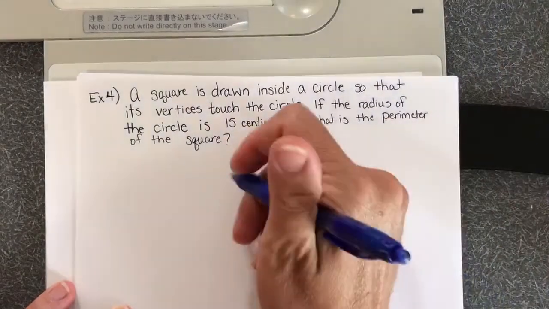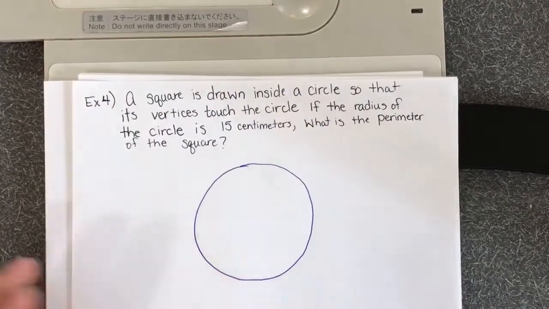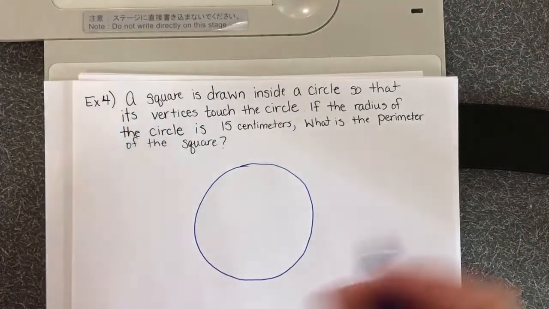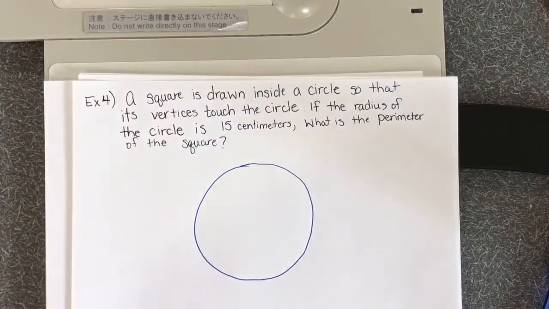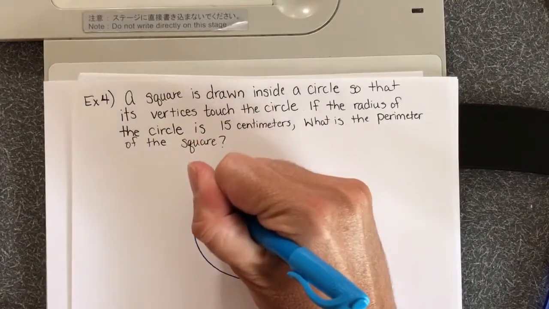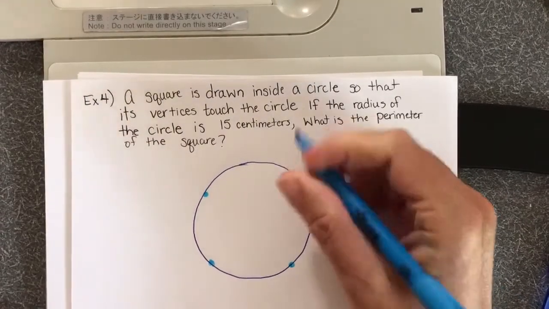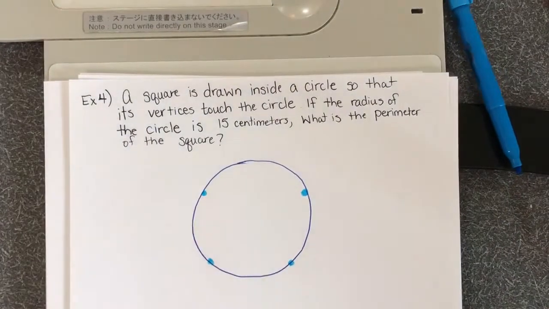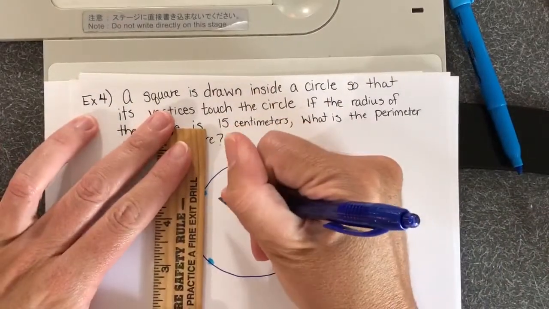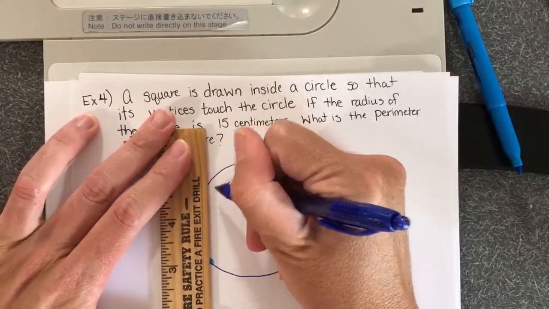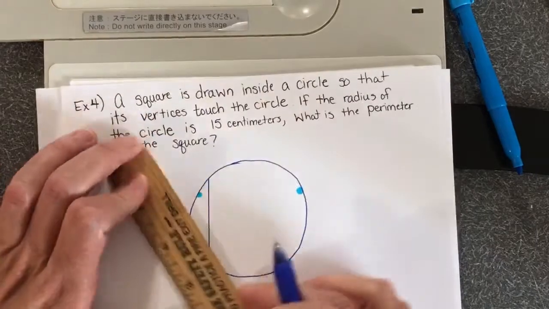So I'm going to start by drawing a circle. And then inside of that circle, I am going to draw a square, or attempt to draw a square. Use my straight edge here so it looks decent. Well, I got my vertices off a little bit.